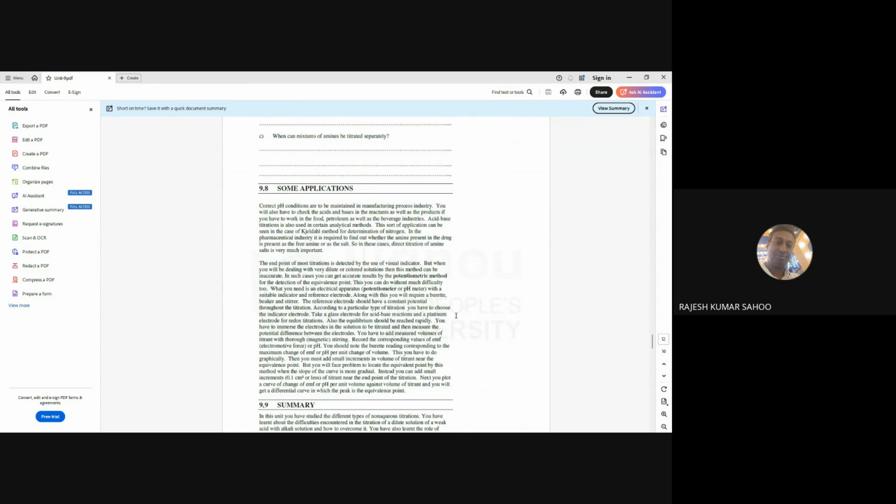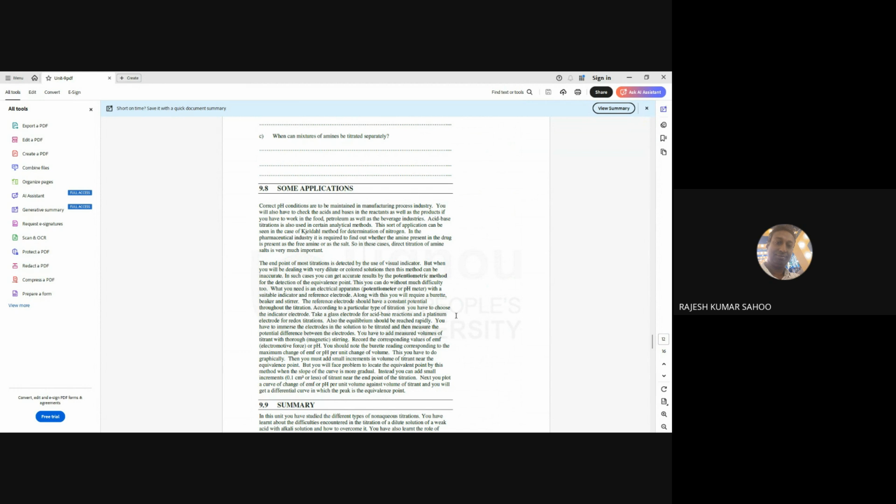Some applications. Correct pH conditions are to be maintained in manufacturing process industries. You will also have to check the acids and bases in reactants as well as the products. If you are working in food, petroleum or beverage industries, then maintenance of pH is very important, and the reactants you are using and the products that are formed, all these things are to be analyzed before doing any practicals.